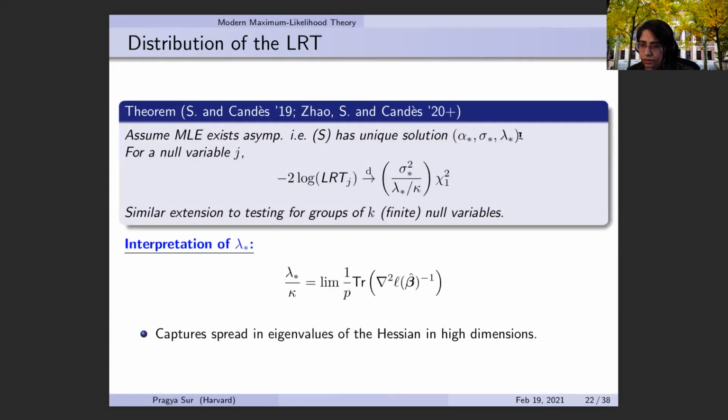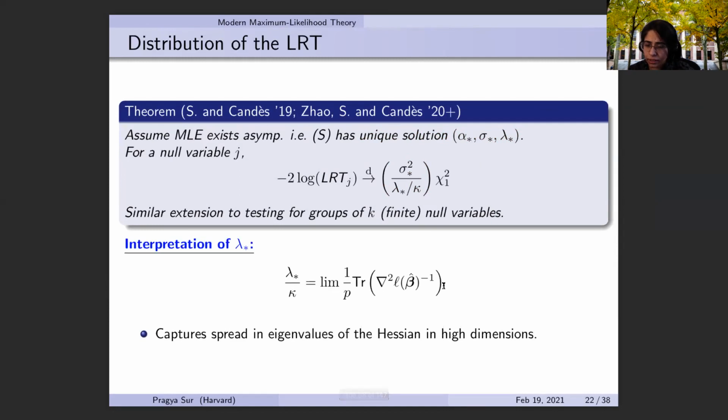It turns out this third member of the solution is crucially related to the Hessian of the log likelihood. So if you take the Hessian, this is your observed Fisher information inverse, and take its normalized trace, that converges to lambda star up to some scaling.